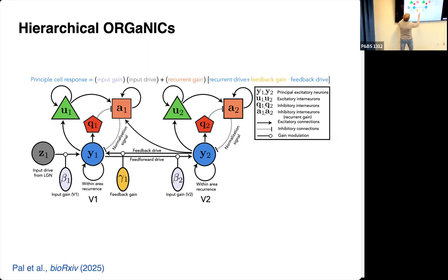Within V1, I'm doing the same computation: input drive, a weighted sum of the inputs, input gain, recurrent drive, a weighted sum of the outputs, with a recurrent gain that depends on an outer loop that shuts down the recurrent amplification to do the normalization. Feedforward to V2, same thing, except that now I'm also adding a feedback drive, which is a weighted sum of the outputs of these that gets added to the membrane potential.